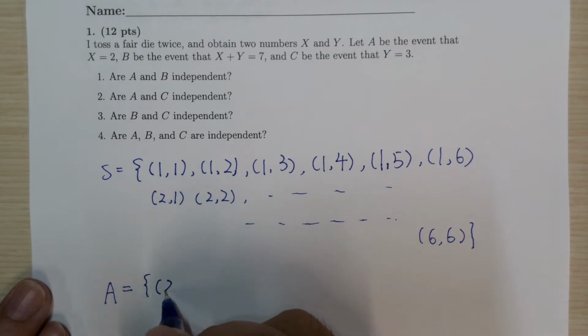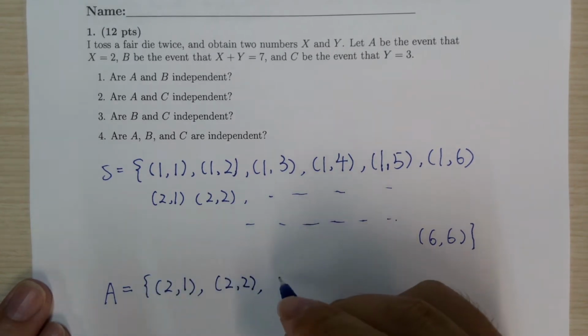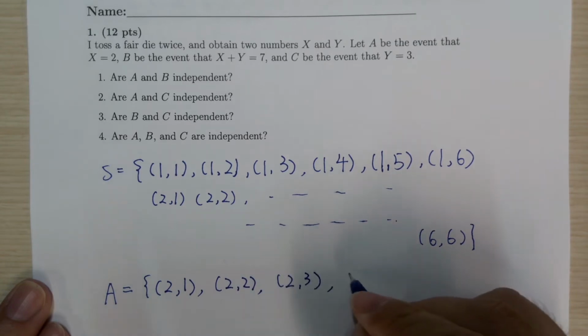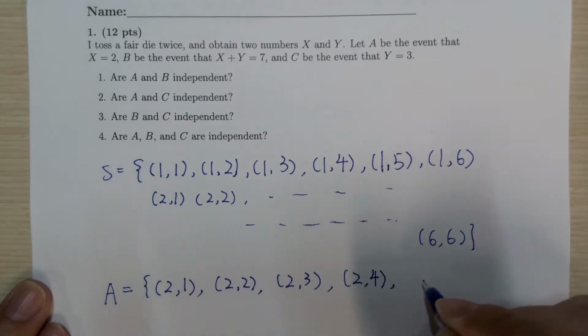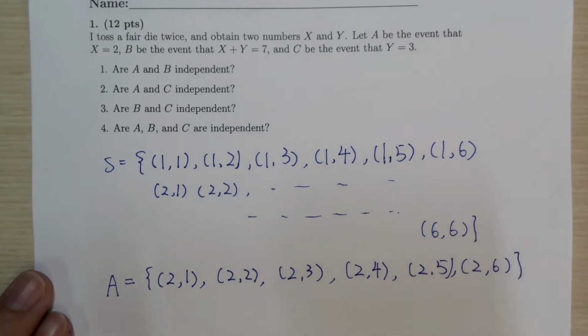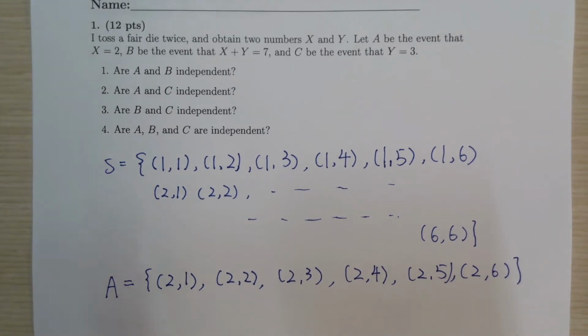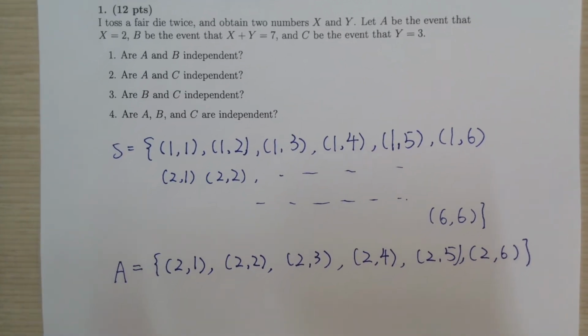We can have 2,1, 2,2, 2,3, 2,4, and then 2,5, and then 2,6. So that's everything for the event, all the possible outcomes for my event A.